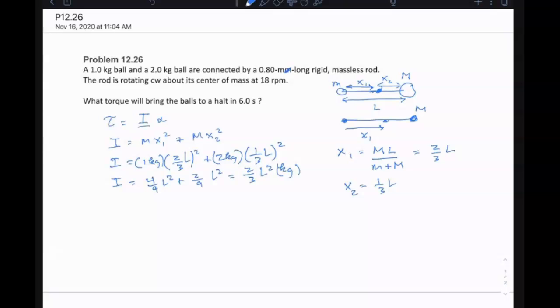Next, we need to find out what the angular acceleration is. Well, we have the angular analog to our equation number 1 from our kinematics equations with constant acceleration. In this case, we have constant angular acceleration. And the final angular velocity is equal to the initial angular velocity plus alpha t. Excuse me, that shouldn't be squared.